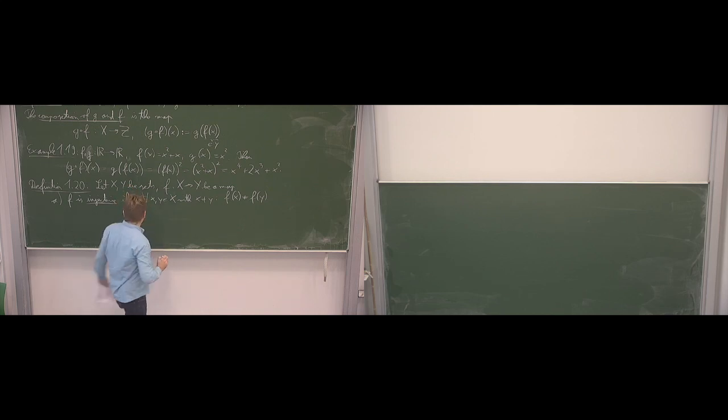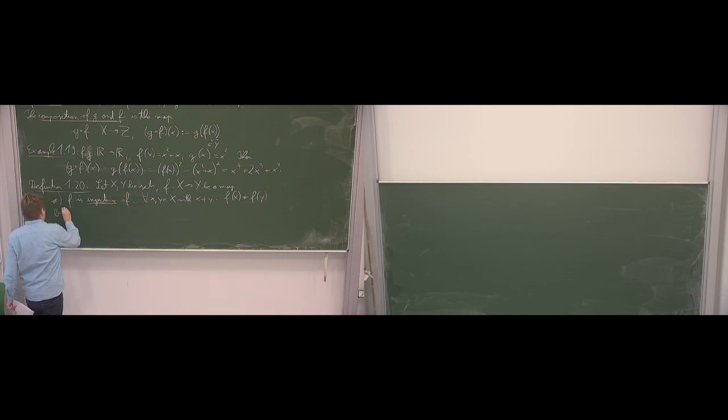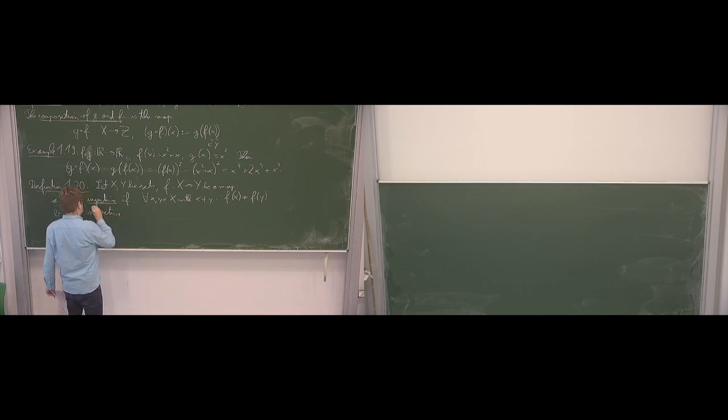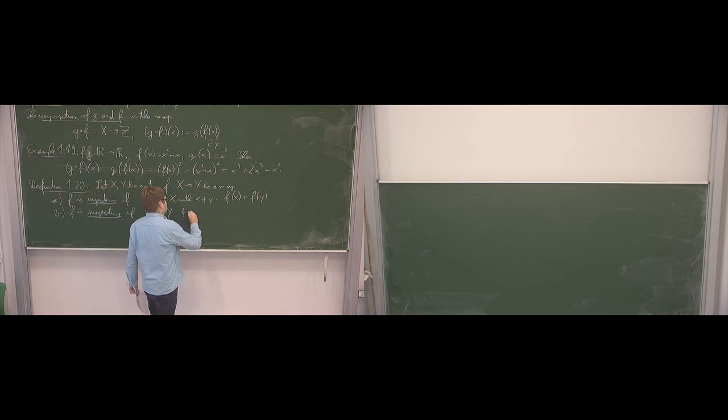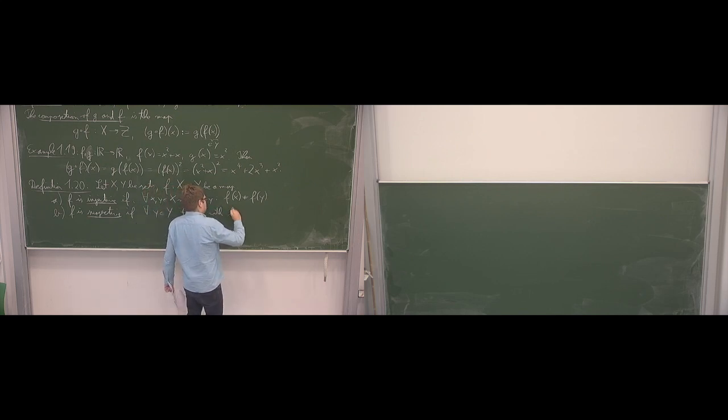B, f is called surjective if for all y in Y, there exists an x in X such that f of x is equal to y.